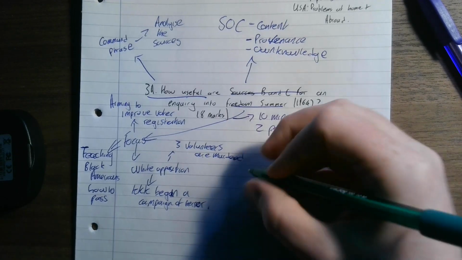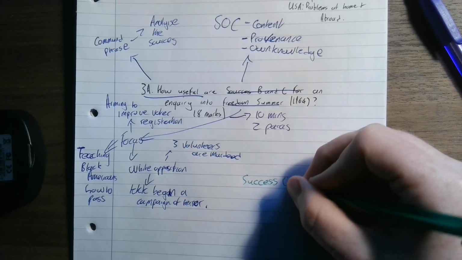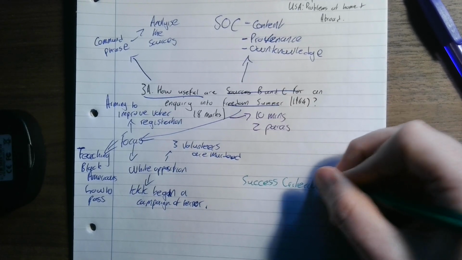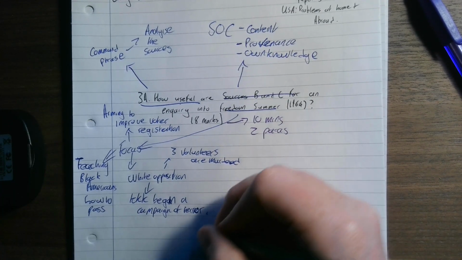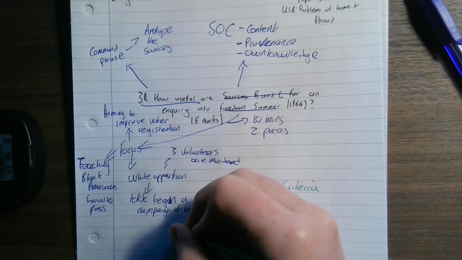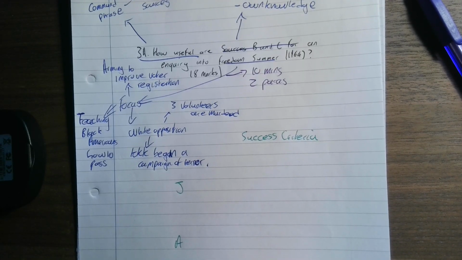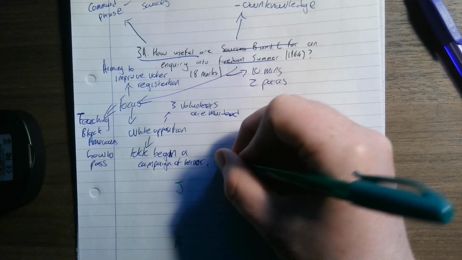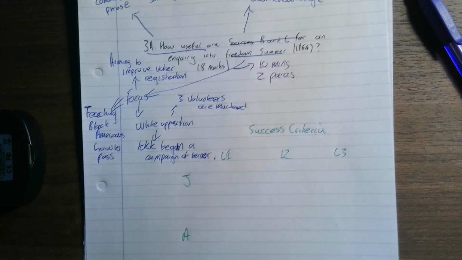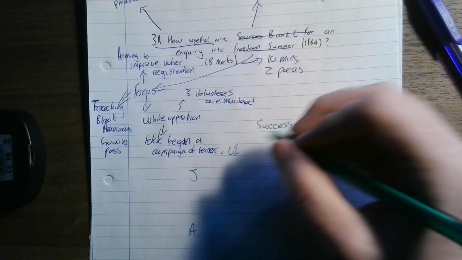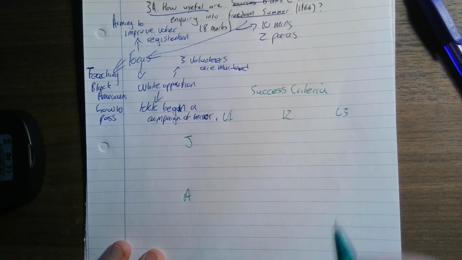Let me show you success criteria for this question. Right, so this is a challenging question. Alright, but let's have a look at it. So again, what I want to do is break this up into judgment, analysis and contextual knowledge, and what we have is level 1, level 2, level 3. First and foremost, I'm just going to do a judgment for all 3 levels, then analysis and so on.